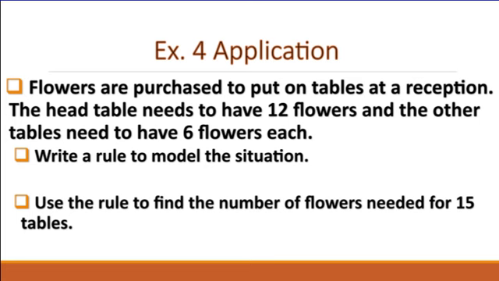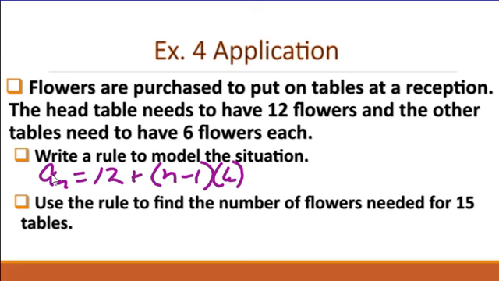On the last one, the flowers are purchased to put on tables at a reception. The head table needs to have 12 flowers and the other tables need to have 6 flowers each. Write a rule to model the situation. Okay, a subscript n, we get 12 flowers plus n minus 1, common difference is 6.